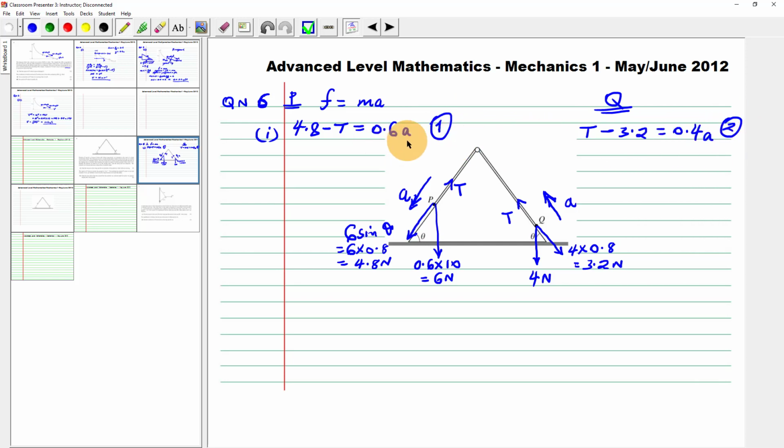And the best way to solve them is to do that simultaneously. For example, I'll get 4.8 minus T equals 0.6a, and then I write the second equation here, T minus 3.2 equals 0.4a. Now, since I wanted the T's to cancel out, the best way to do this is to add these two equations like that.